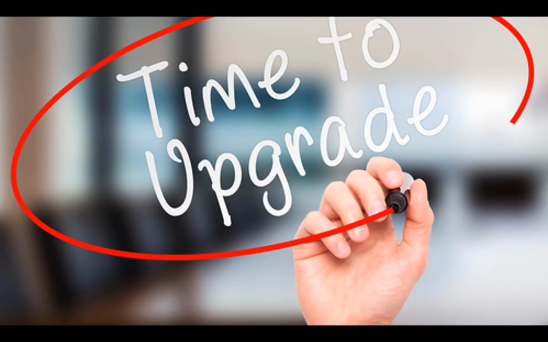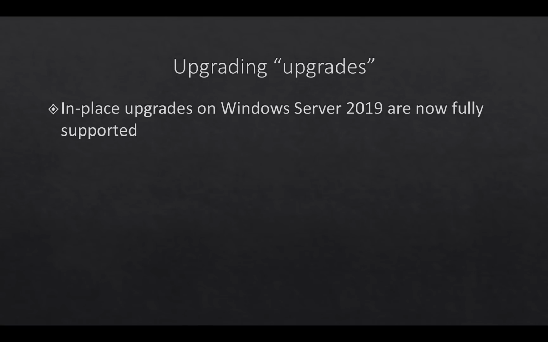Windows Server upgrades. 2019 is the first version that we've actually truly supported upgrading in place the operating system of a cluster node. So we are fully supporting it now with 2019.